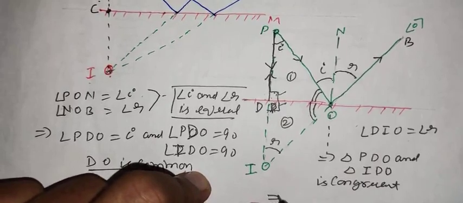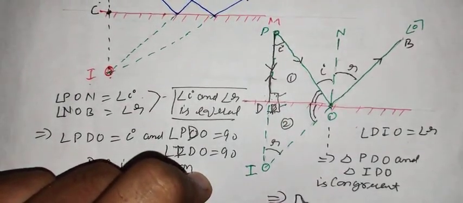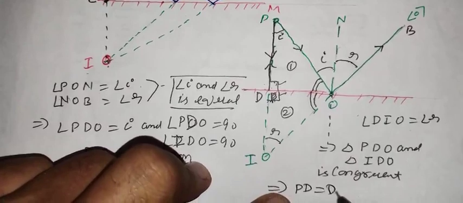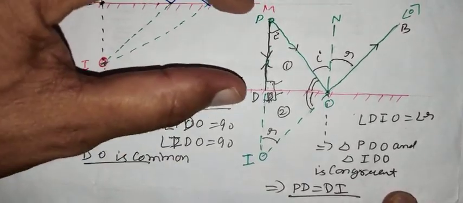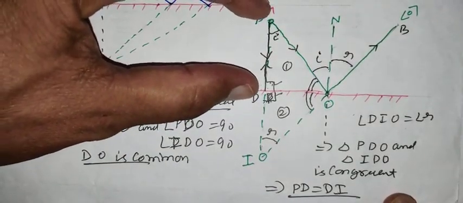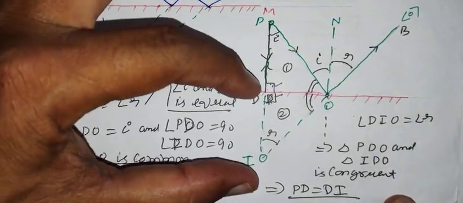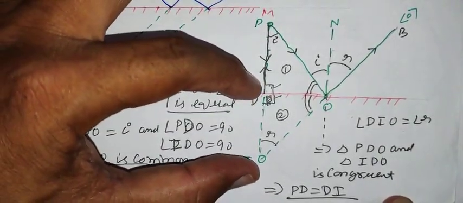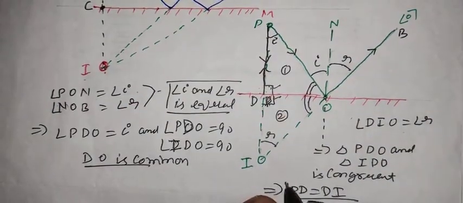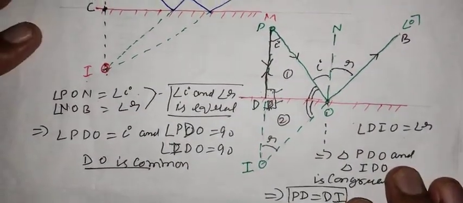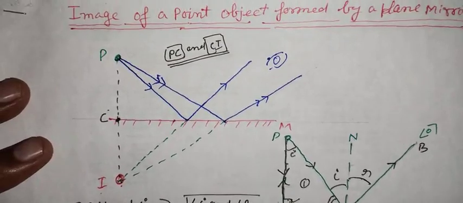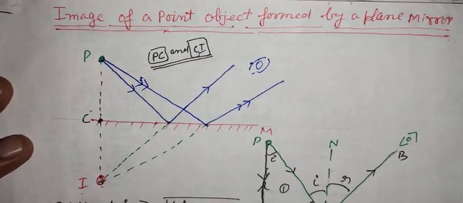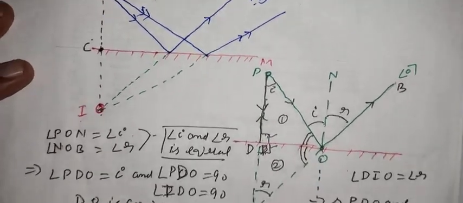It implies that PD is equal to DI. It means the distance from mirror to object is equal to the distance from mirror to image. This is proved. This is the whole topic about the image of a point object formed by a plane mirror.